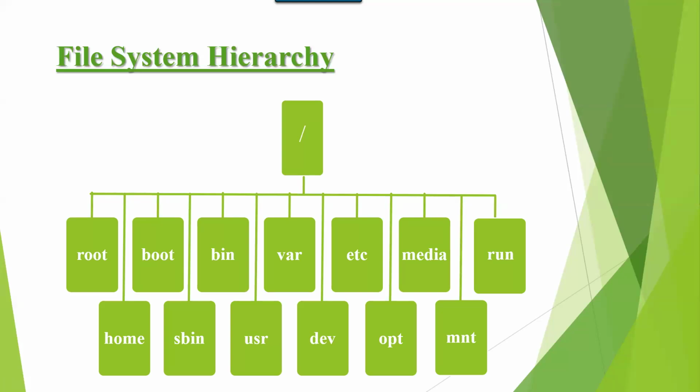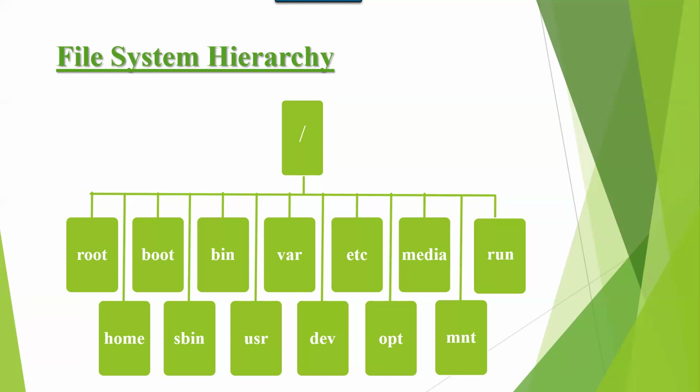I'm repeating: forward slash is a parent directory or top level directory in Linux, similar to the C drive in Windows. And under forward slash, we have subdirectories. Remember, directory means folder. In Windows we call it folder, in Linux we call it directory. So, root is the home directory for the super user.